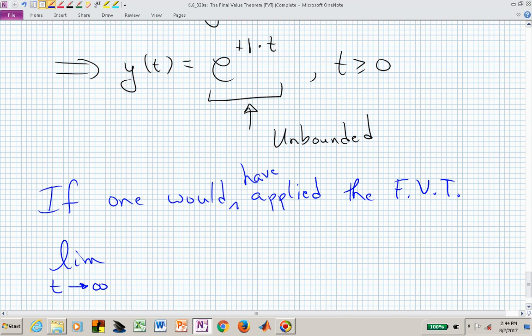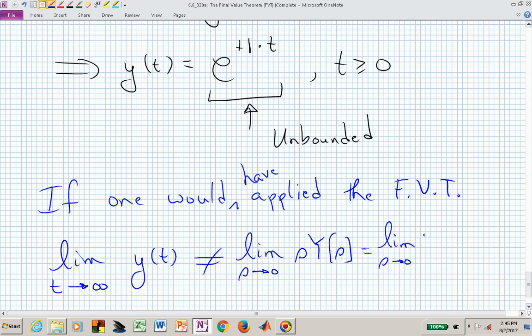The limit as t goes to infinity of y of t, but we know this is not true, so let me go ahead and say not equal to, but if we didn't do that, we would say, oh, that's equal to the limit as s goes to 0 of s y of s, and that's now the limit as s goes to 0 of s over s minus 1.